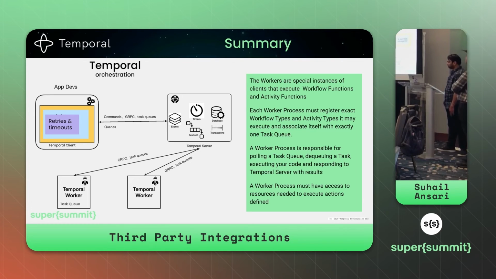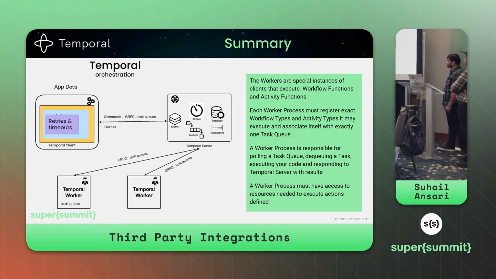And the temporal server has a set of temporal workers. Workers are nothing but a special instance of temporal clients, and they are special because they must register to exactly one workflow type, and they should have a task queue associated with it. So these workers are responsible for pulling the task queue, picking up the tasks, and executing them.